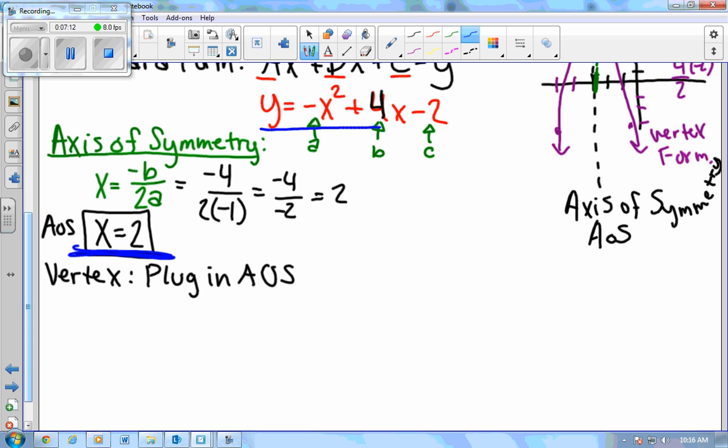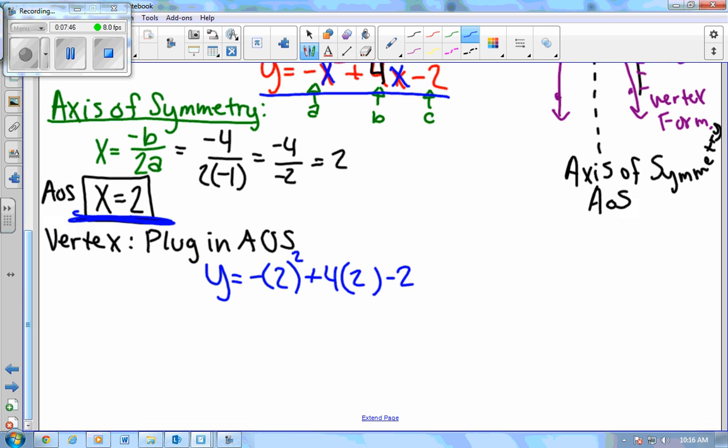So here's my equation. Y equals negative, what do I put where this x is? 2. And when I plug in, a good habit would be to put parentheses, because sometimes you're plugging in a negative, and so parentheses are definitely needed. Plus 4 times, what do I plug into this x? 2. Minus 2. You and your neighbor go through order of operations: Please excuse my dear Aunt Sally.